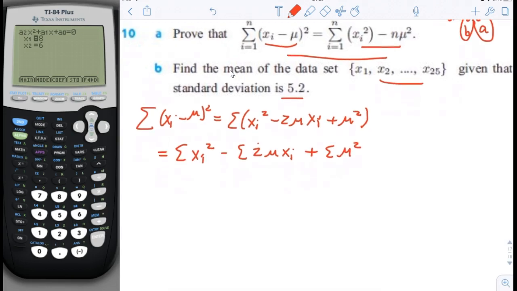And if you notice here, mu is actually equal to sigma of xi divided by n, right? It's a number. So we're going to put mu on the outside of this, and then we'll put the 2 on the outside too, and then we'll put the sigma and the xi here. Okay. So now we have this.